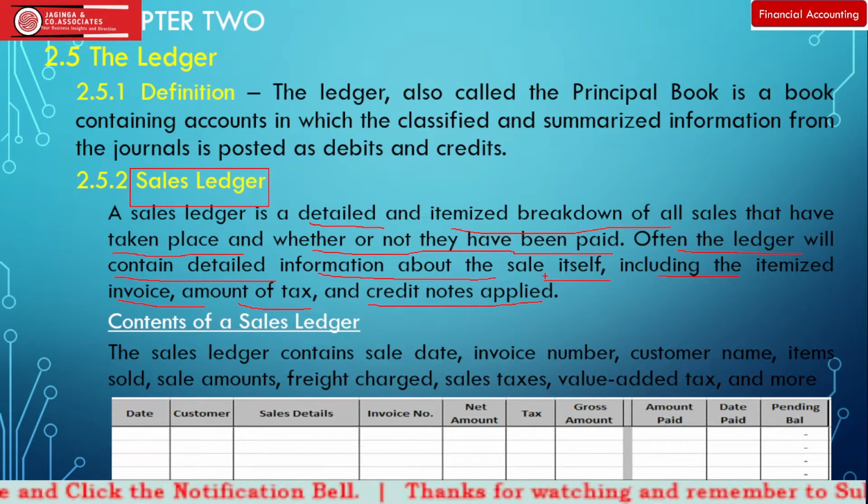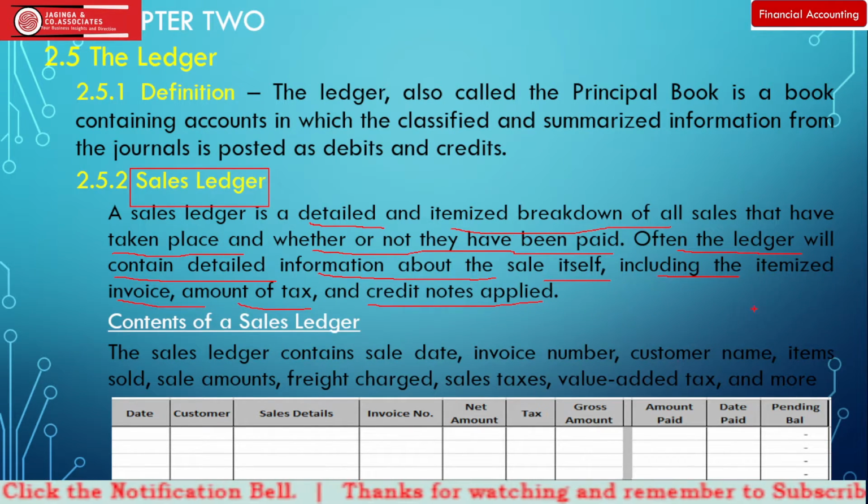And then we'll show the net amount. And then the net amount, of course, will be having maybe value added tax or sales tax. Then we'll have the gross amount of that invoice, or rather of that sale. And then you can also show the paid amount, and then the date the payment was done, and then the pending balance.